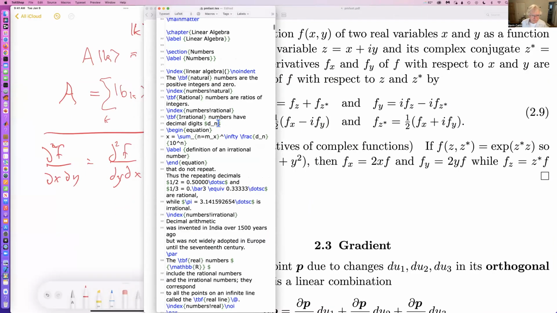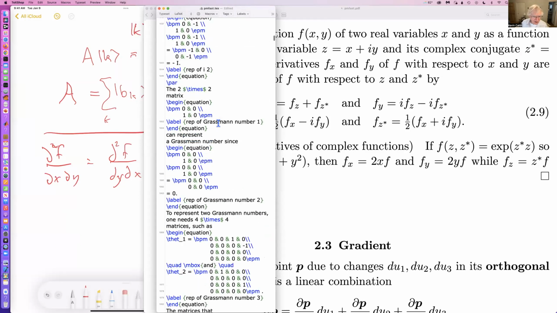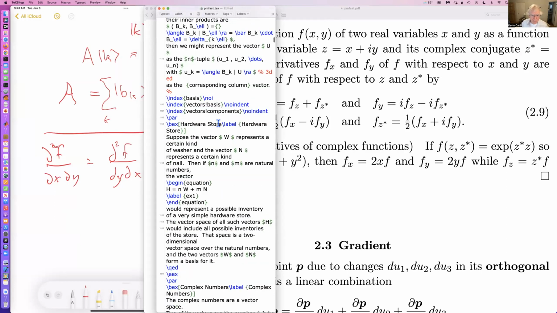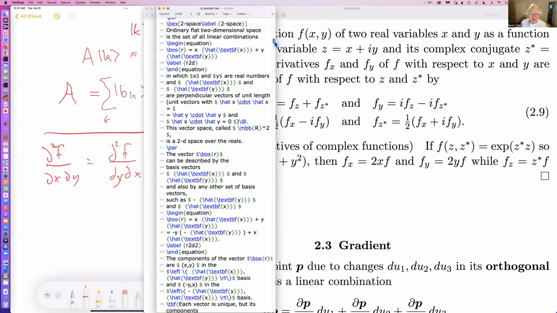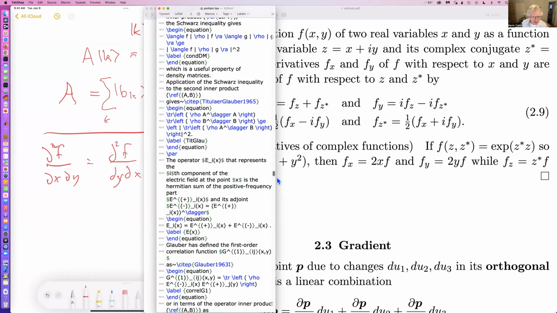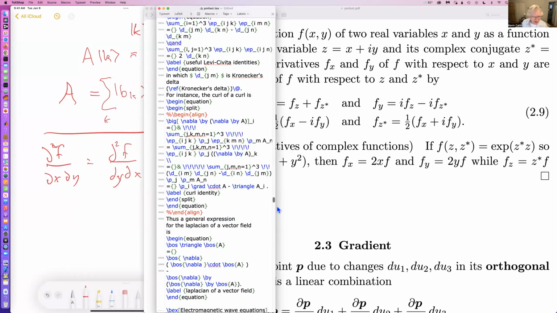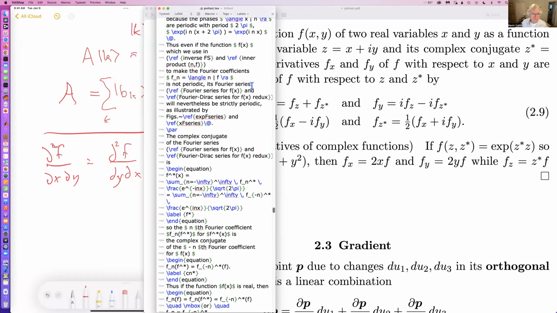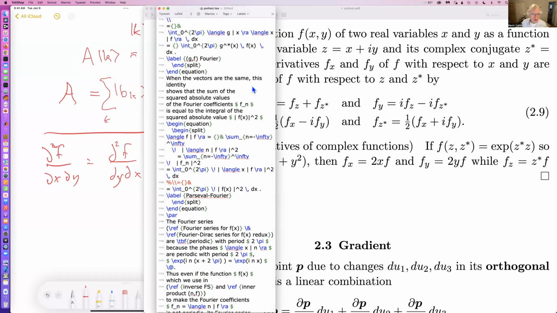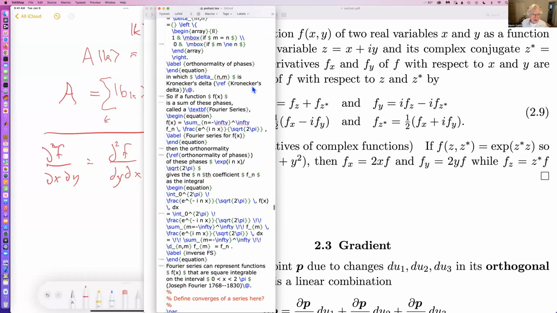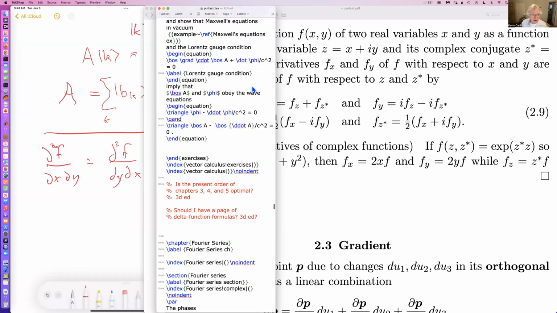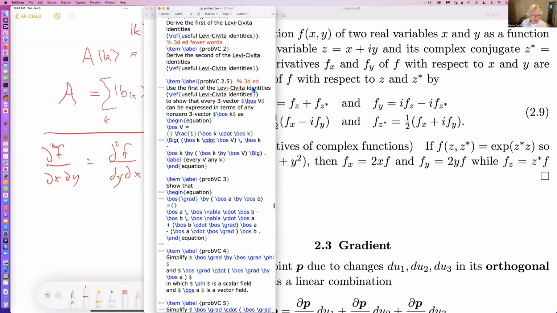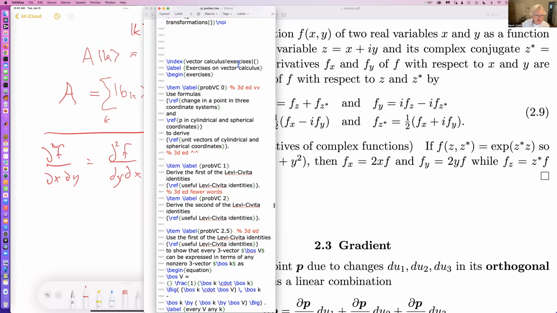My goodness, 10873. That's an awfully long way. Sorry for this.